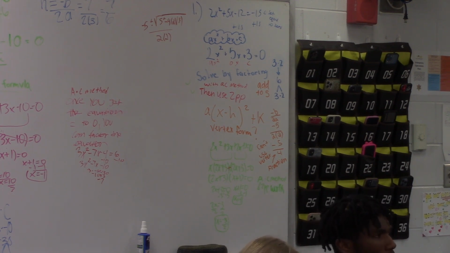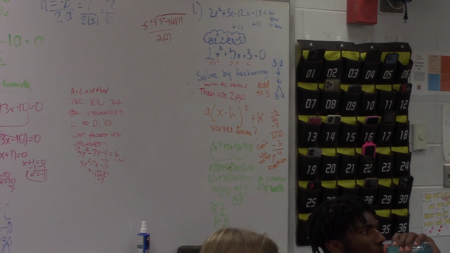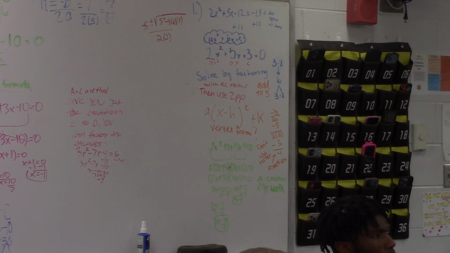Okay, you could do vertex form, but not because it's an odd number. Yeah, you get a fraction, which most people probably don't want to work with. Once you get that fraction for h, what do you have to then do with it to get that value? Right, substitute it back in the equation to get k, and then once you have your equation in vertex form, what do you do next?